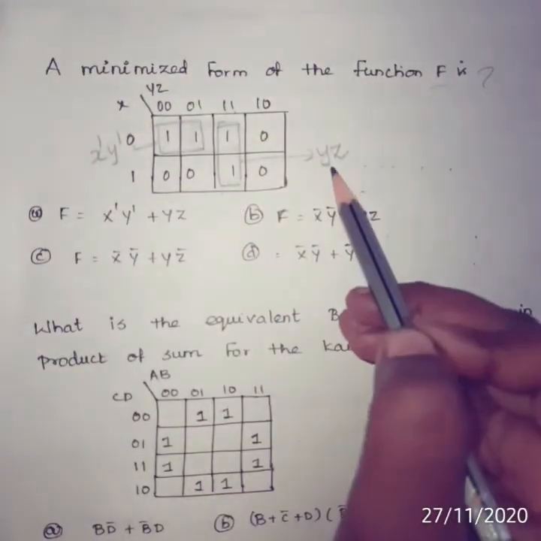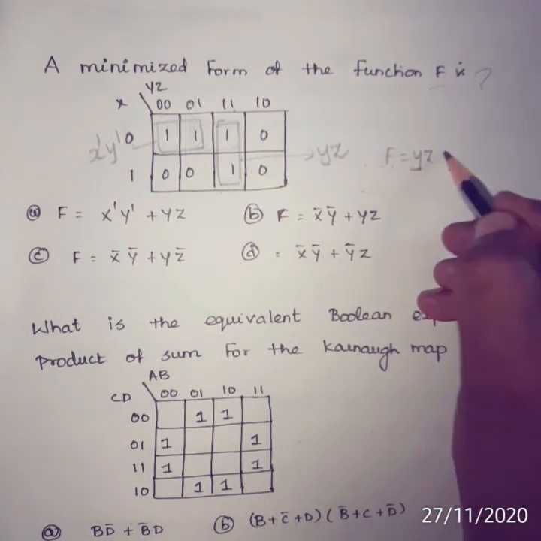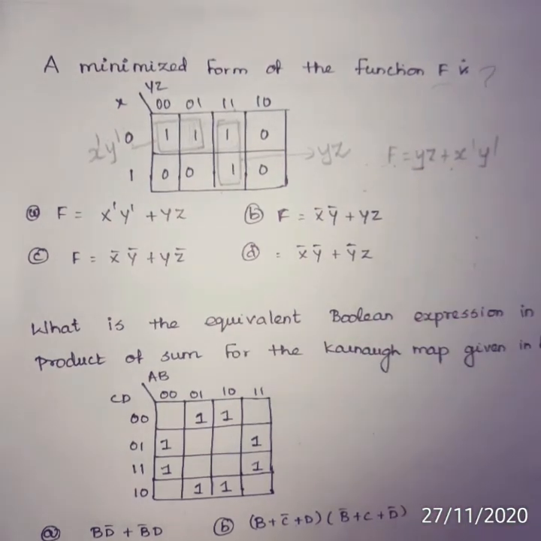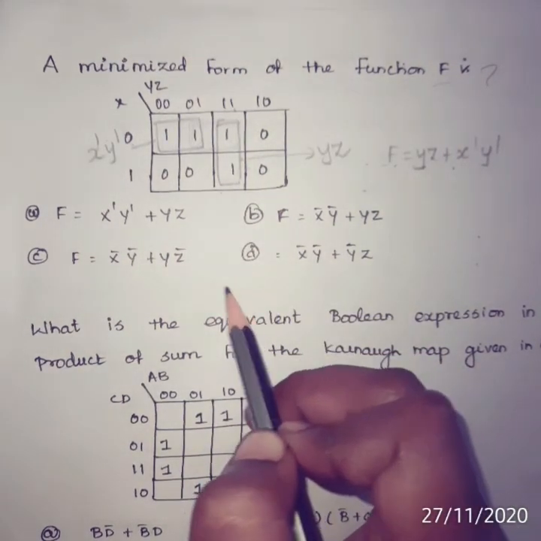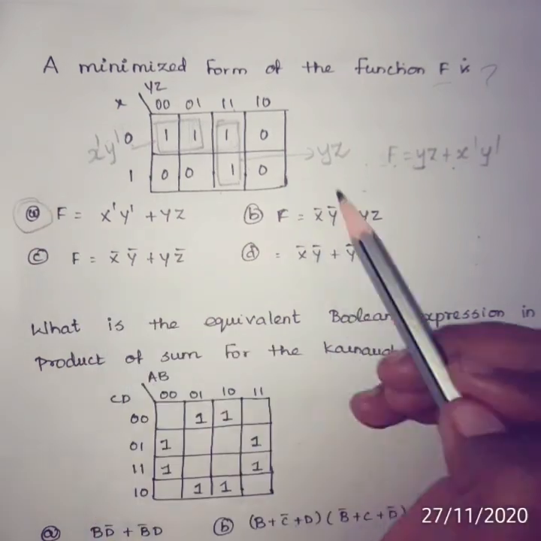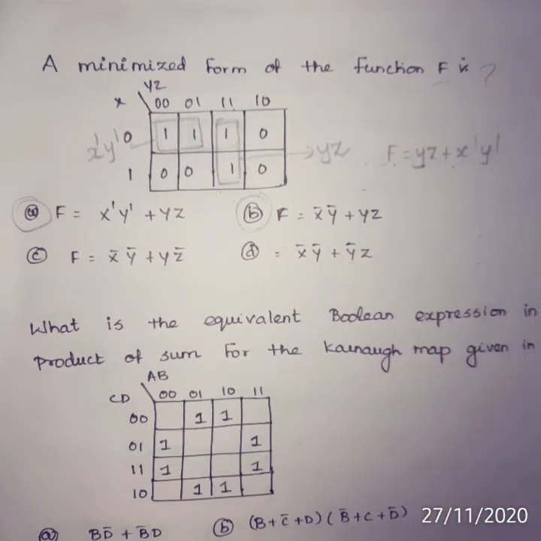So F is equal to YZ plus X dash Y dash. That is option A, and option B is the same. So this is the correct answer.